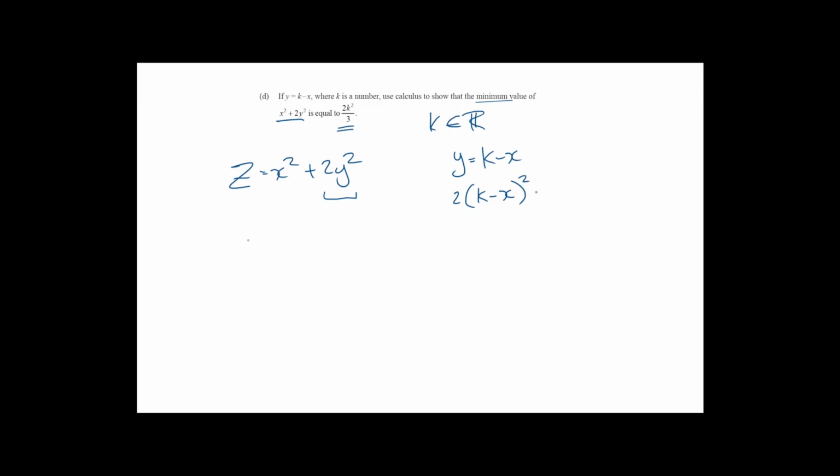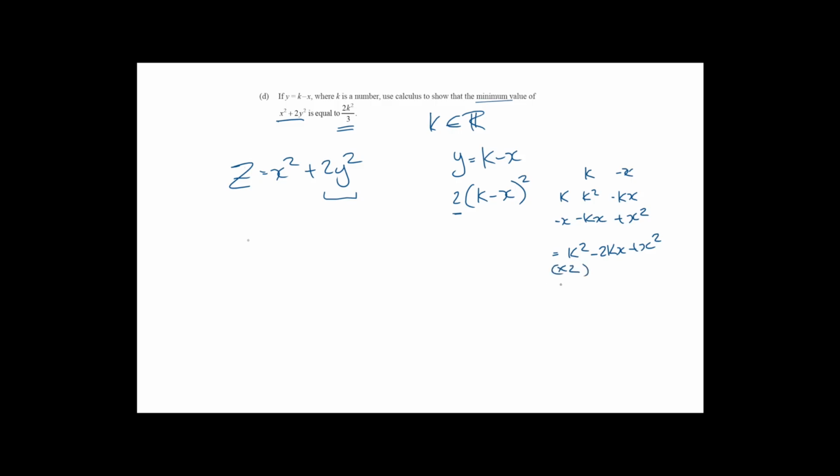And when we expand that out, I've got k and x, k and x, so we've got k squared minus kx minus kx plus x squared. So I've got k squared minus 2kx plus x squared, and we have to multiply 2 by that.